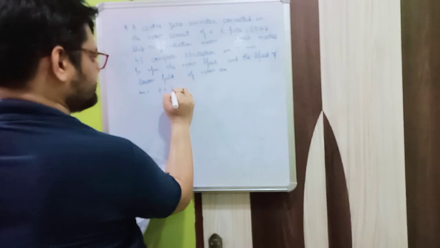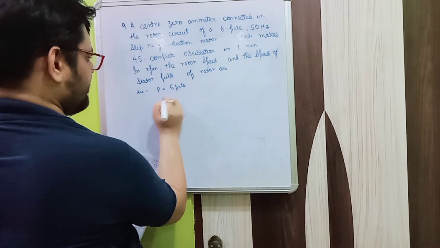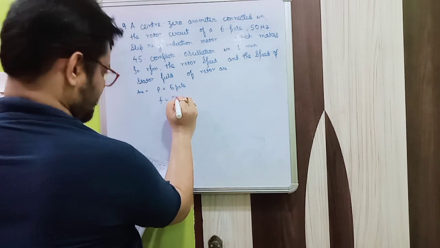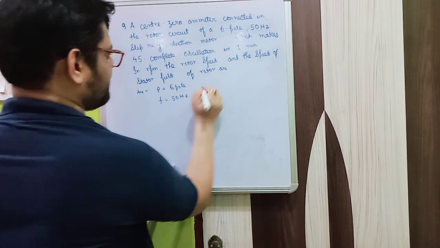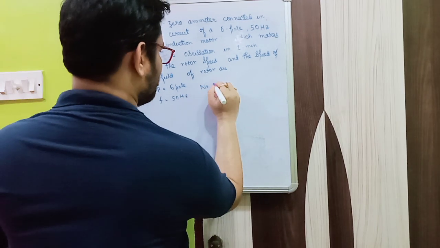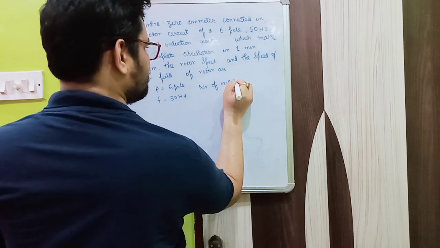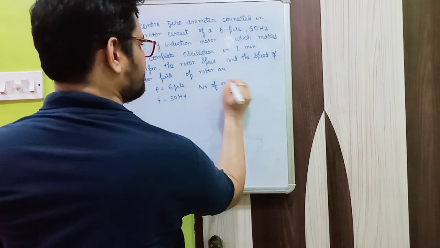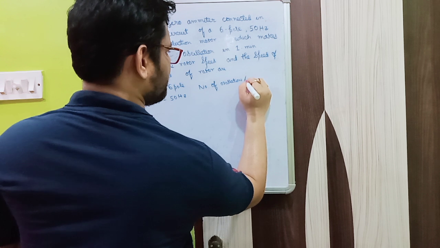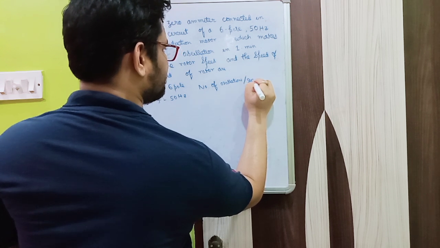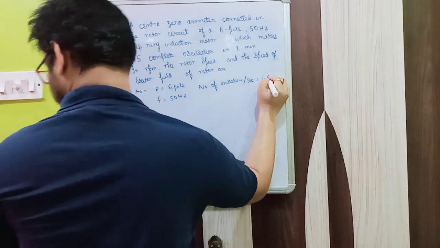P is equal to 6 poles, f is equal to 50 Hz, then number of oscillations per second is equal to 45.